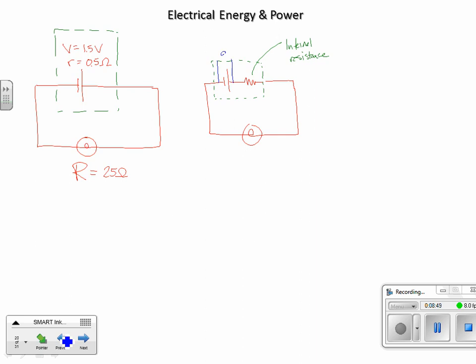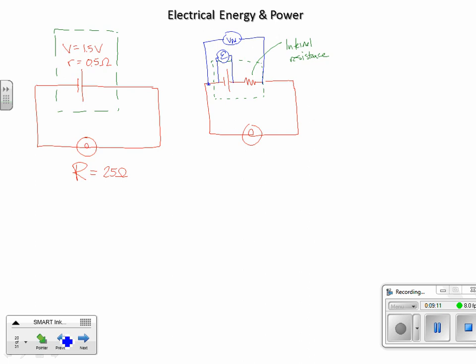Okay? So, if we have a circuit like this, and we say that across here, there's some EMF. Across here, there's some terminal potential difference. All right? The EMF involves only the battery, only what the battery is nominally capable of.